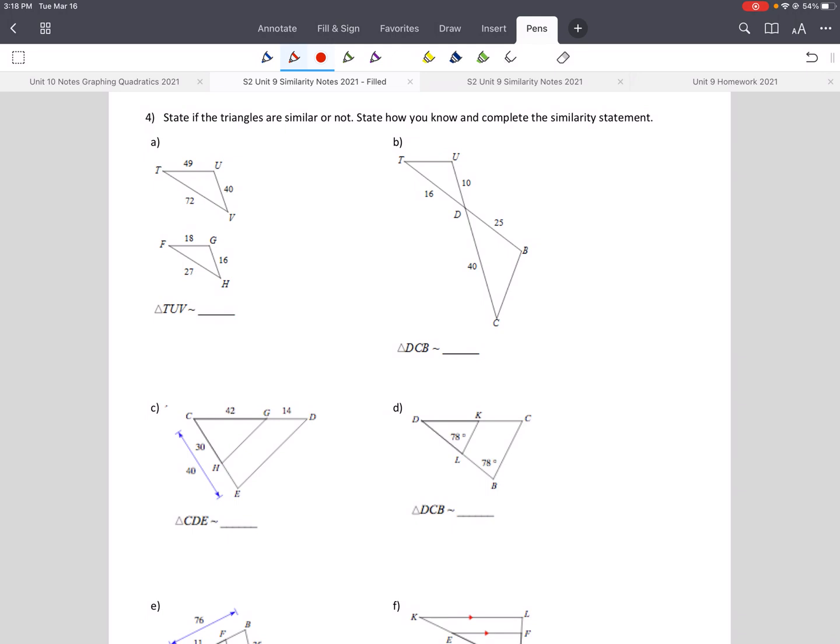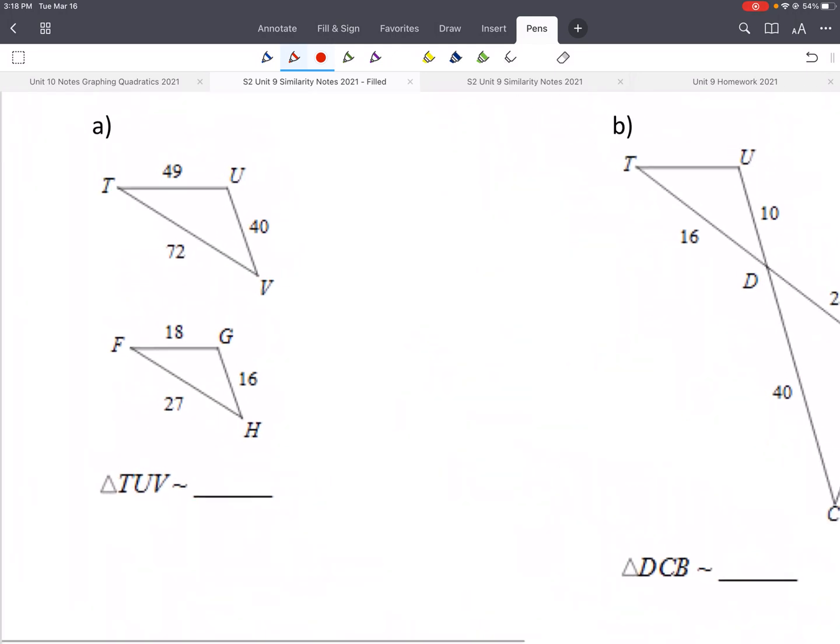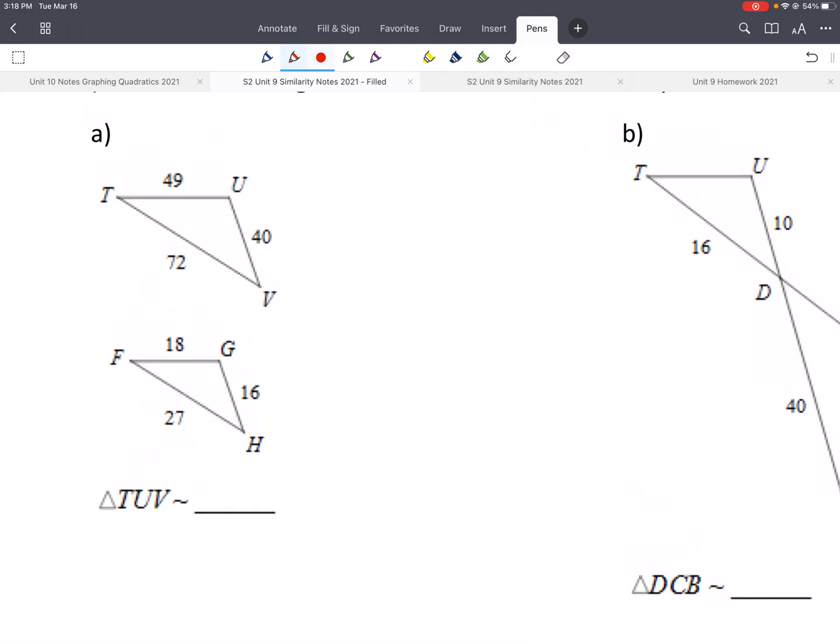Okay, all right, so let's start by looking at A. They give us all three sides for both triangles, so if it's going to work, it's got to be side, side, side. To do that, we need to show by doing our proportions all three corresponding sides. Again, I think it's a great idea to do largest to largest.